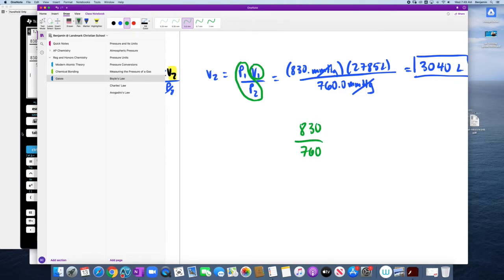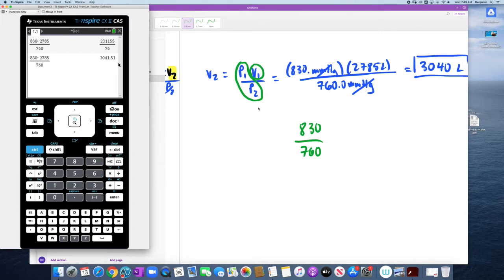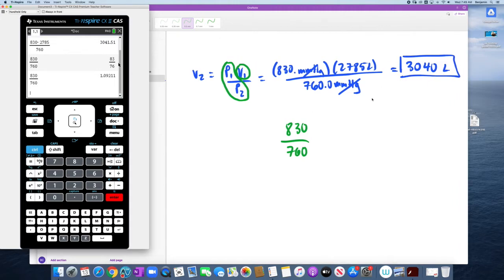So the pressure is, in a sense, dropping down by a factor of 1.09, and the volume increases by a factor of 1.09, or the final volume is that much larger.